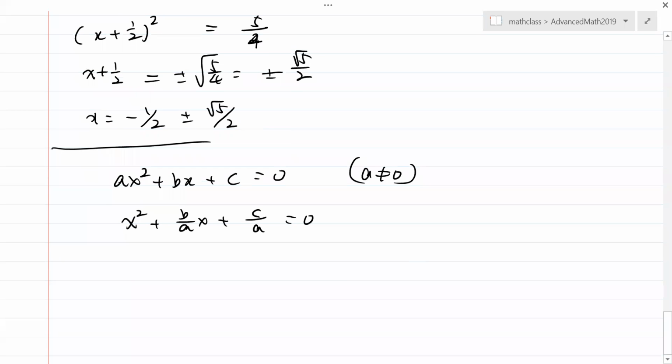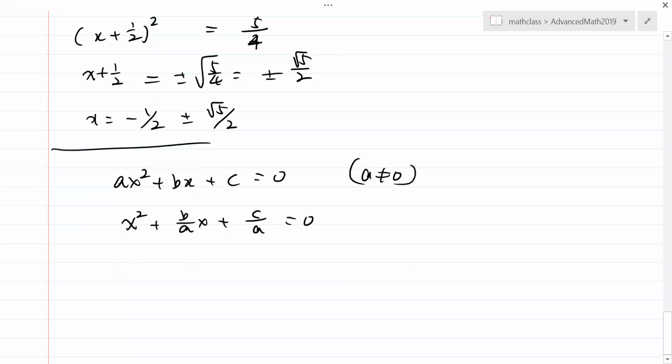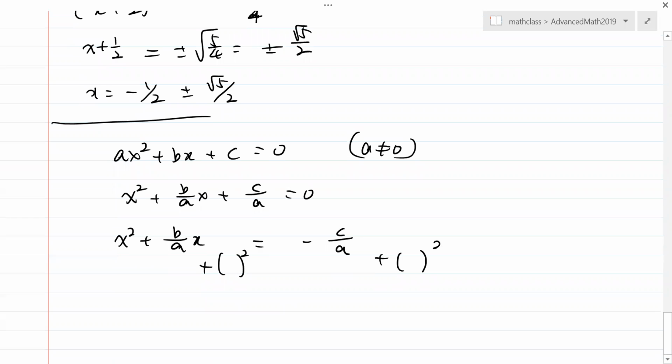Then I'm going to repeat the same ideas, but for the very general equation. So I have negative c over a, right? I'm going to add some term, squared, to both sides, so the left-hand side can be made into a square. What is that term I can add?